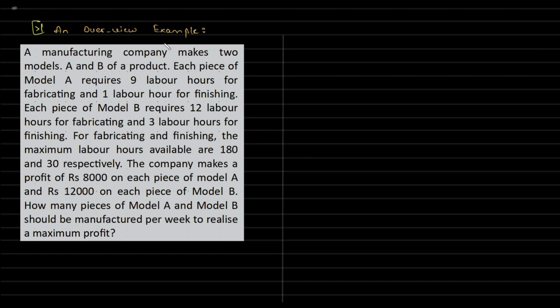An overview example. So we're talking about a manufacturing company producing a product. Before we actually dive into this question, let's look at a company. A company has a financial aspect, a human resource aspect, and time.